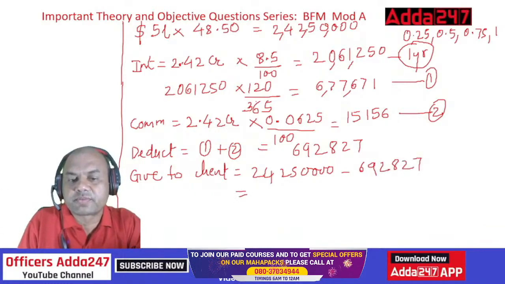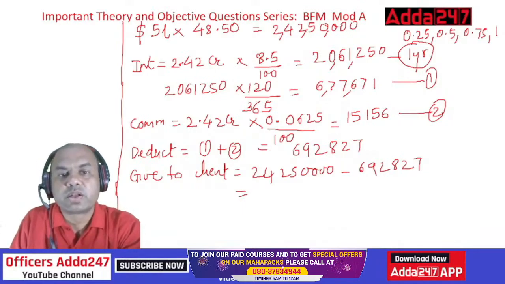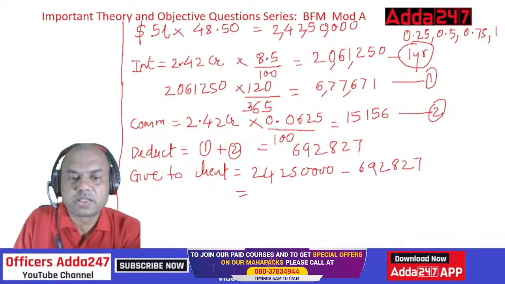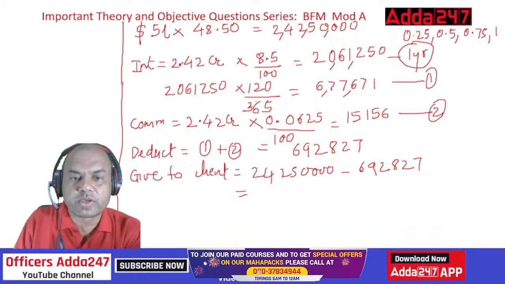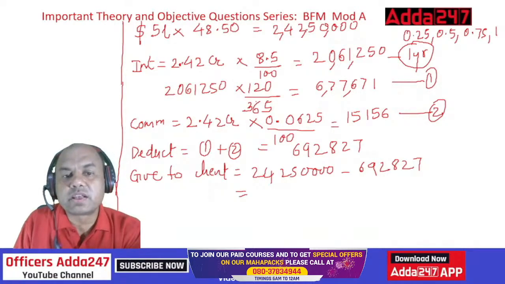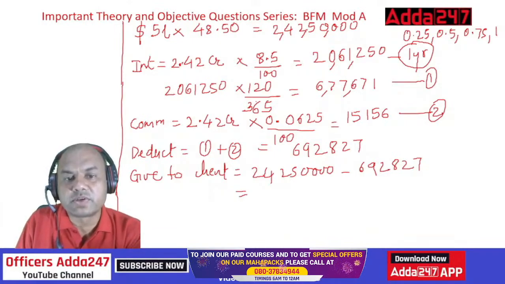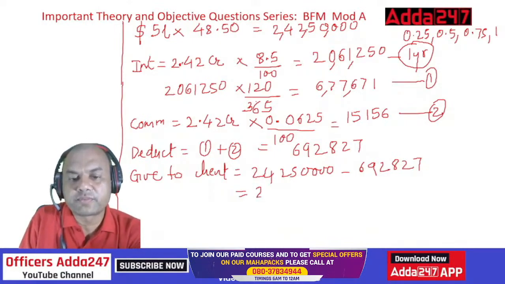So what is the answer? Do it everyone. 24251234 minus 692827, right? So it is 23,55,71,72. So this is the amount which I will be giving to the client.